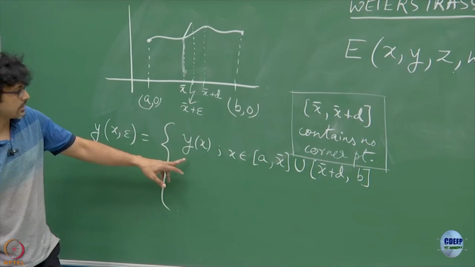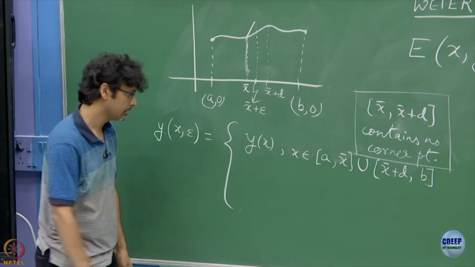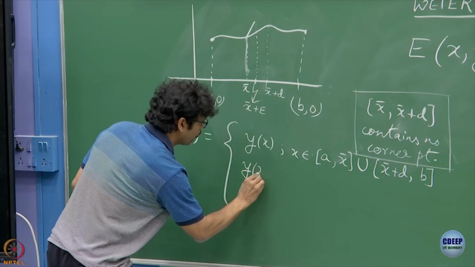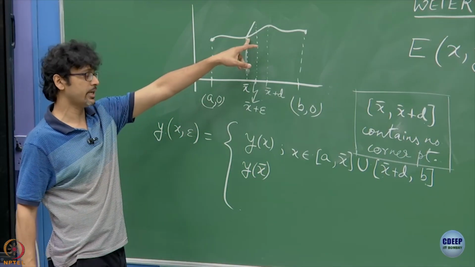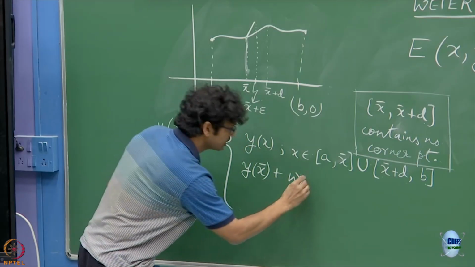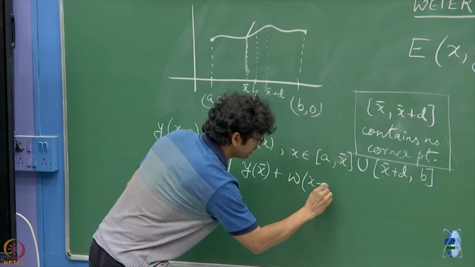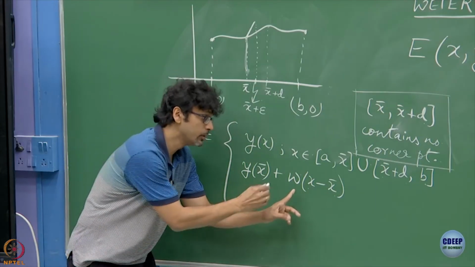So it remains unperturbed outside of this interval. Inside, it's going to be y, whatever value y assumes at x bar, plus some w times x minus x bar. This is not an argument of w, this is just w times.